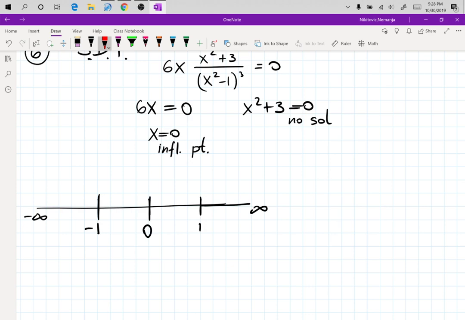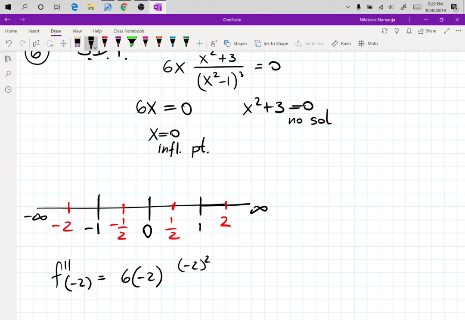So now pick the values negative 2, negative 1/2, positive 1/2, and positive 2. We have 4 calculations to worry about. Now we have our second derivative computed at negative 2. That's 6 times negative 2, then negative 2 squared plus 3 divided by negative 2 squared minus 1, cubed.